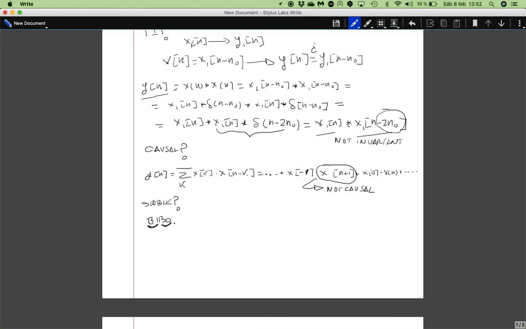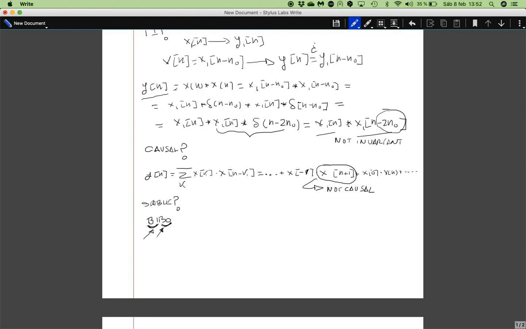So typically, in these cases where we strongly suspect that the system is not stable, because in this case again it is not LTI, the best strategy is to try to find a counterexample. You find a bounded input signal, and you calculate the output, and you see that the output is not bounded, and by doing this you have demonstrated that the system is not stable.